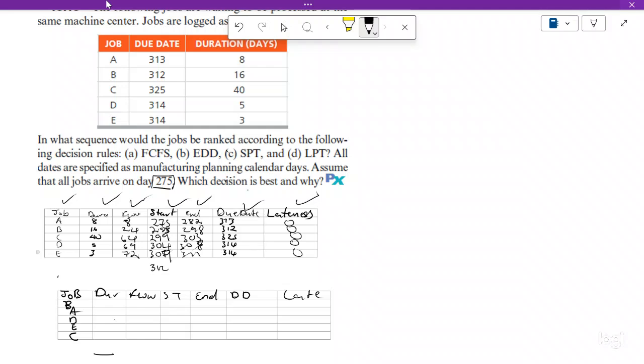283 plus 16 is 299. Okay, 299 plus 40 is 339. You see, guys, you're writing notes and yet you don't tell me the right answers.